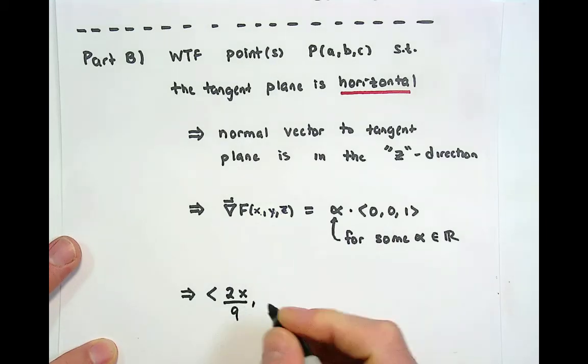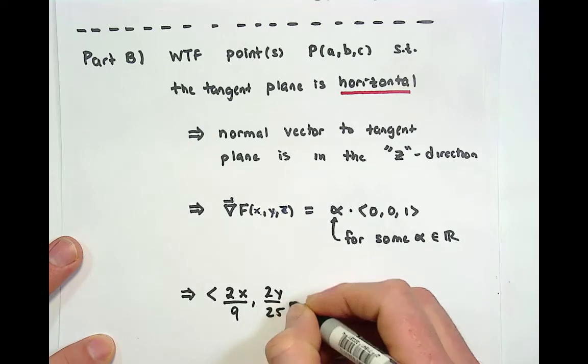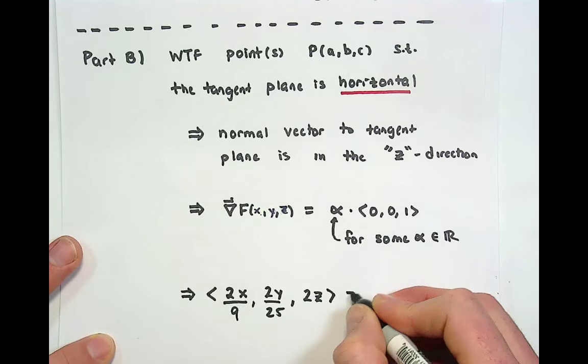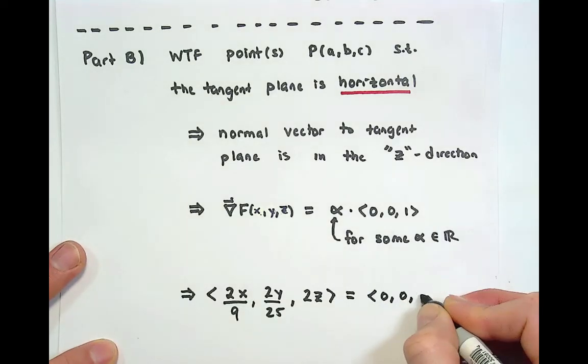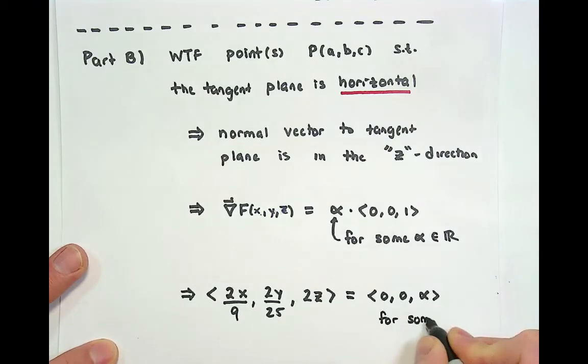So this was going to be 2x divided by 9. The next one was going to be 2y divided by 25. And the last one was 2z. And then we want this to be equal to 0, 0, alpha for some alpha.